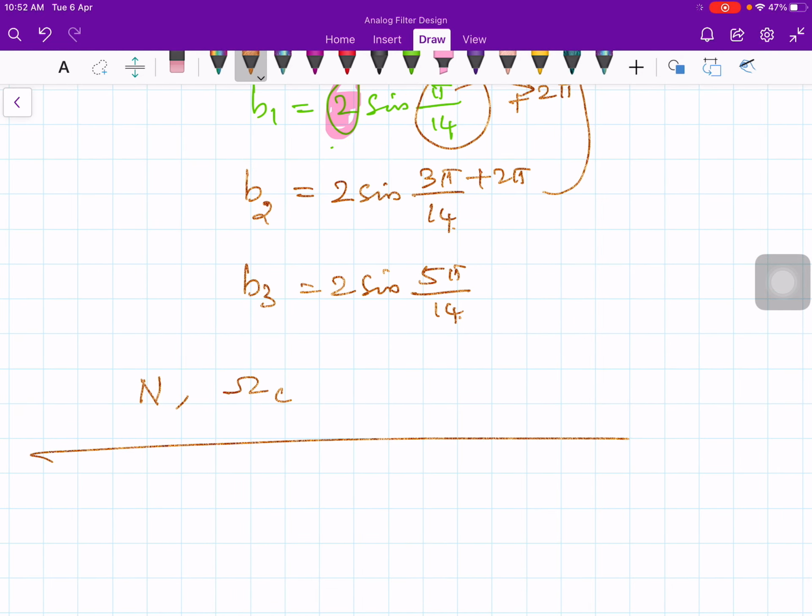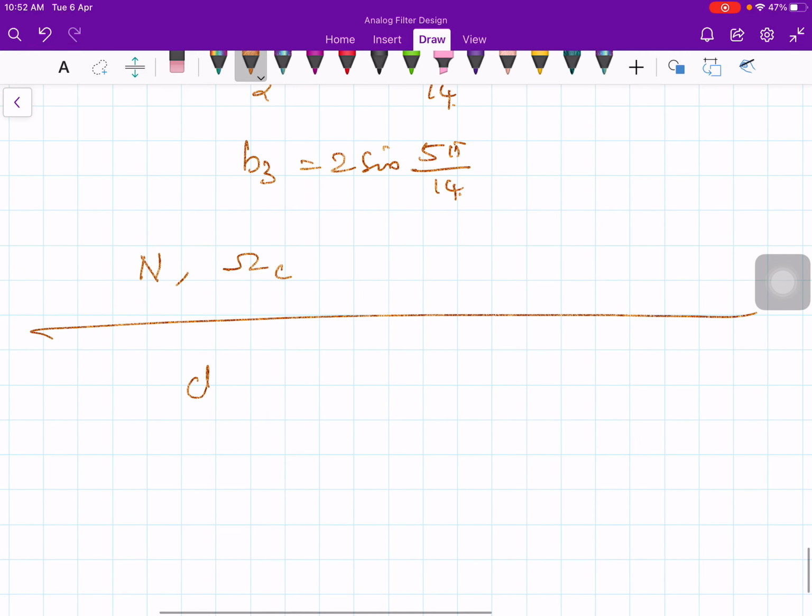Now let us go to Chebyshev. Okay, so Chebyshev filter. So let me say Chebyshev low pass filter, LPF.